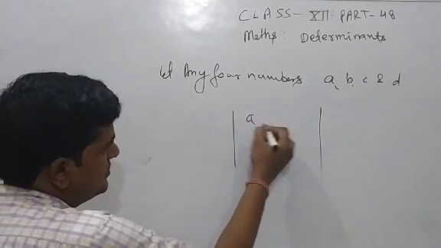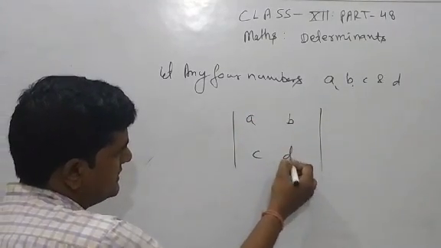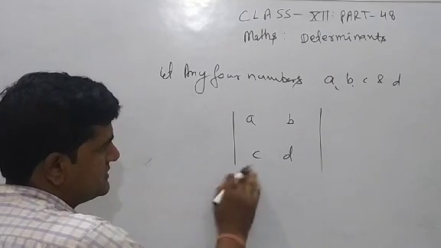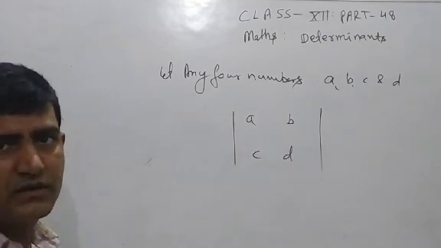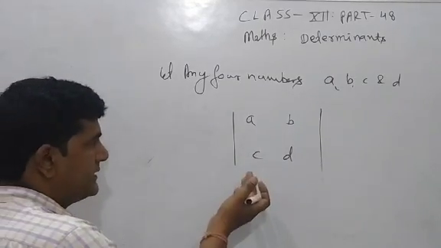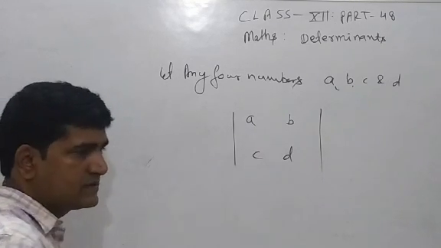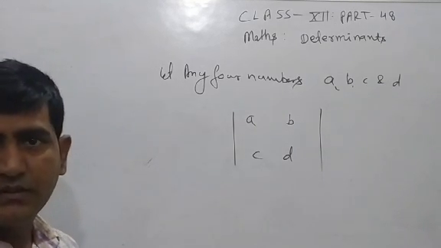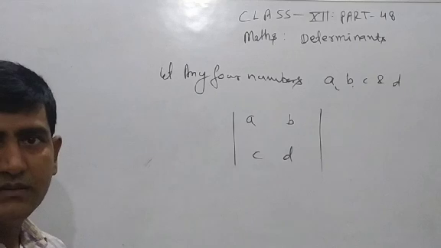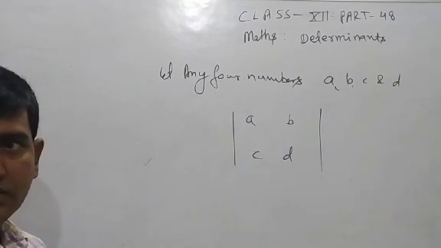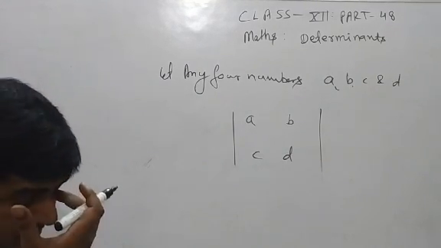Example, suppose A, B and C, D. This is a vertical line, this is a bar, this is a modulus. And how can we solve it? In class 9 or class 10 you have already completed the cross multiplication method.